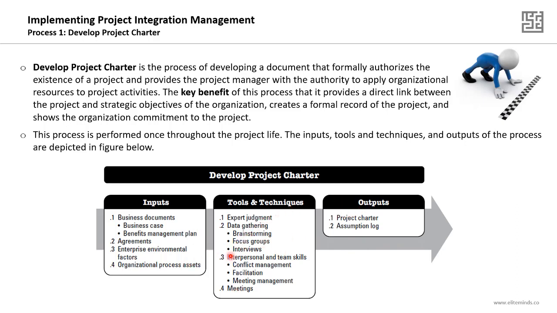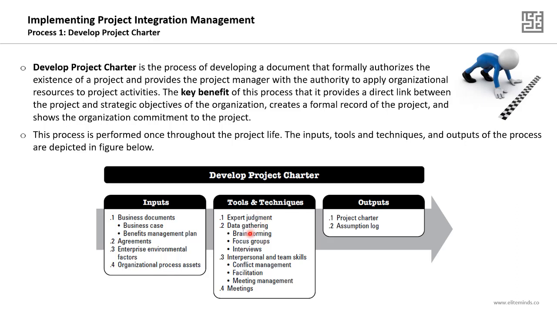Now, from this figure, the inputs will be the pre-project business documents, the business case and the benefits management plan, in addition to any agreements, the enterprise environmental factors, and the organizational process assets. For the tools and techniques, you will use expert judgment.